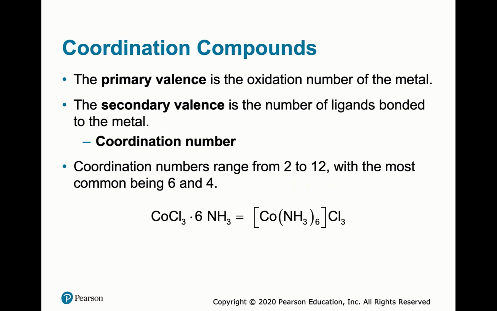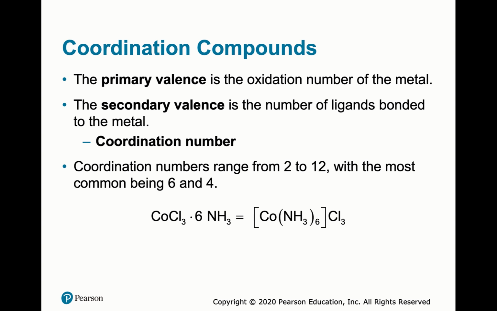The oxidation number of the metal is known as the primary valence. The secondary valence is also the coordination number. It usually ranges from 2 to 12, but 6 and 4 are most common. 4 can either be square planar or tetrahedral, and 6 being octahedral.